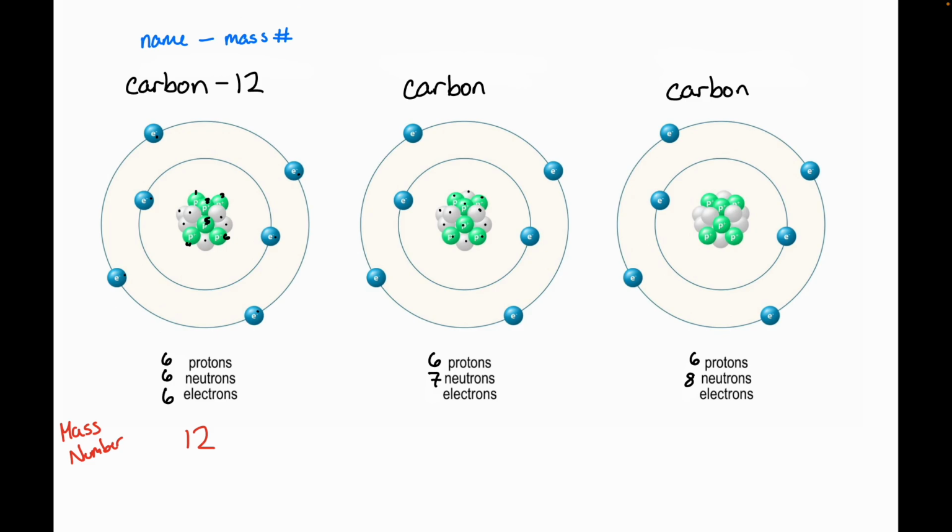This middle one has a mass number of 13, so that would be the carbon 13 atom. And the last one would have a mass number of 14, and that's the carbon 14 atom.